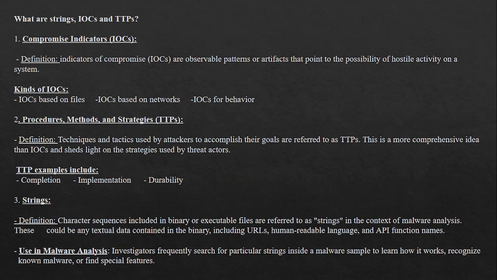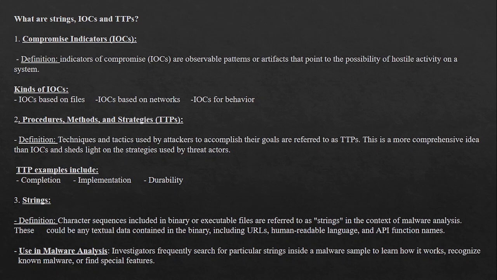This is a brief introduction to what strings, IOCs, and TTPs are. This is very well known by people in the cybersecurity space, but I'm going to talk about it anyway. IOCs are observable patterns or artifacts that point to the possibility of hostile activity on a system. They tell you about the indicators which are maliciously active.